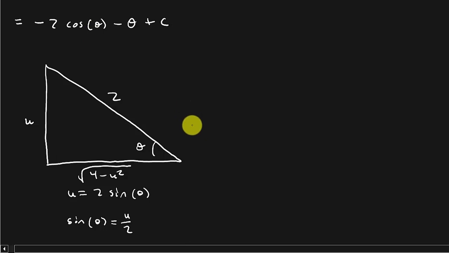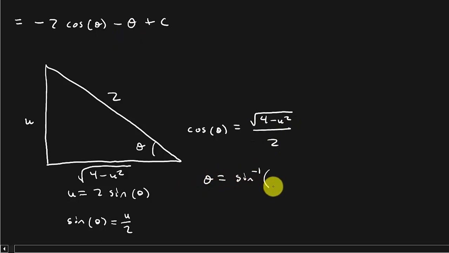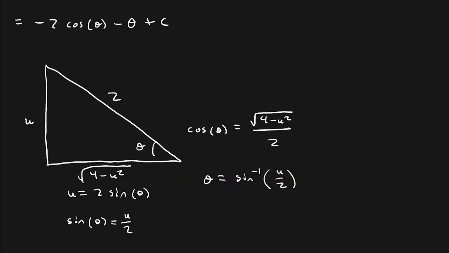So I need to know what cosine theta is. Well, cosine theta is equal to adjacent over hypotenuse, so that's the square root of 4 minus u squared over 2. And then what's theta? Well, theta is equal to the inverse sine of u over 2.